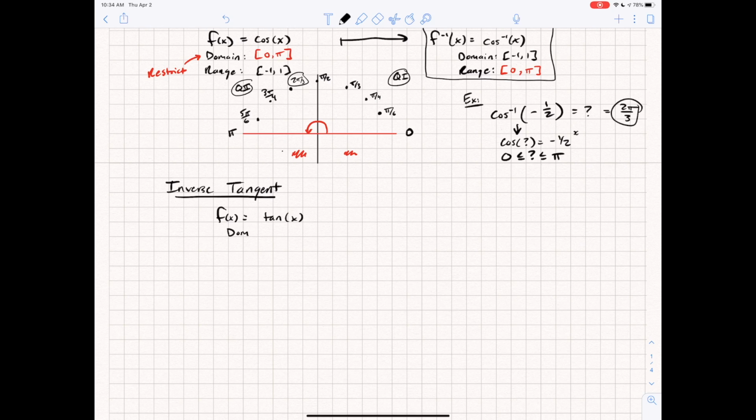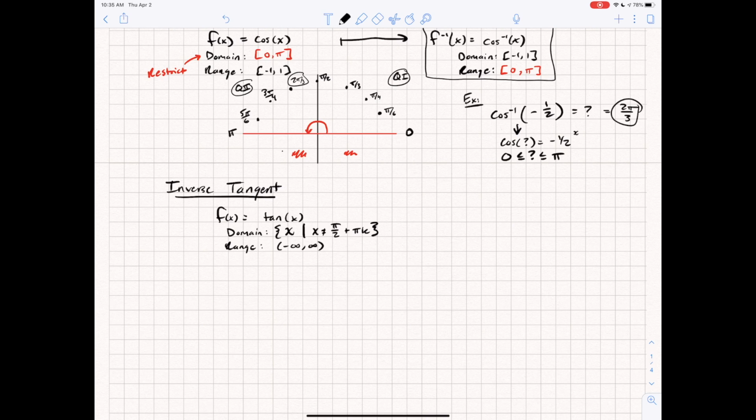Tangent has a domain that runs from negative pi over 2 to positive pi over 2. Well, sorry, hold on, I lied. It has a domain of anything, right? But there are those vertical asymptotes which occur at every pi over 2. So it has this definition. Its range is all real numbers. There is no limit to how high or how low a tangent graph can go.